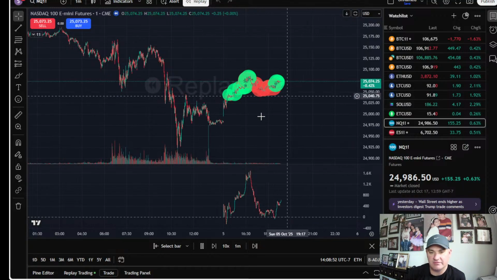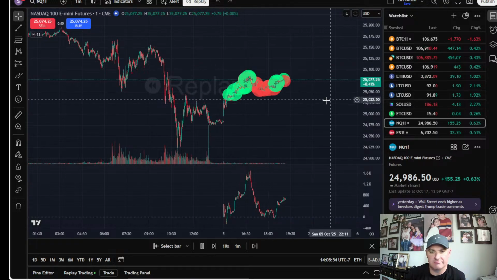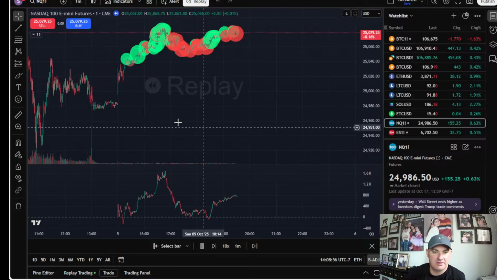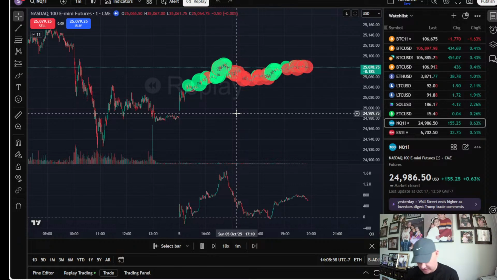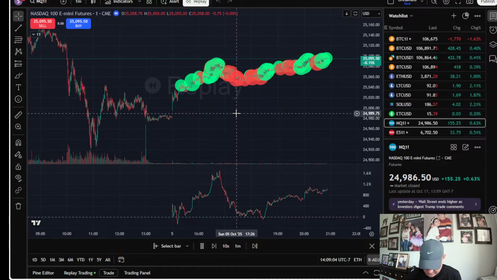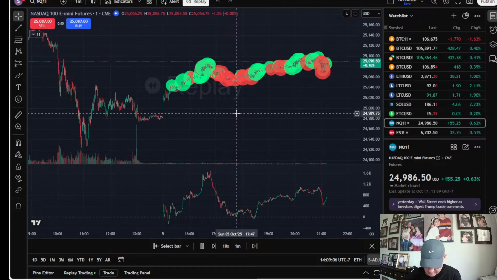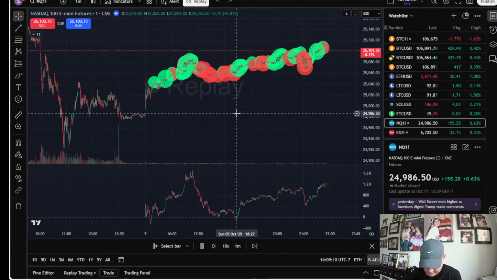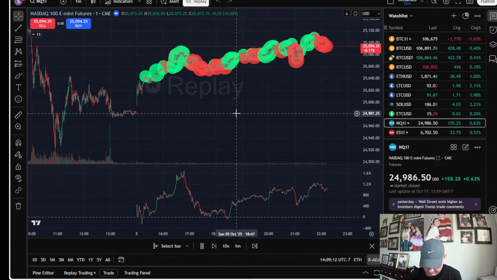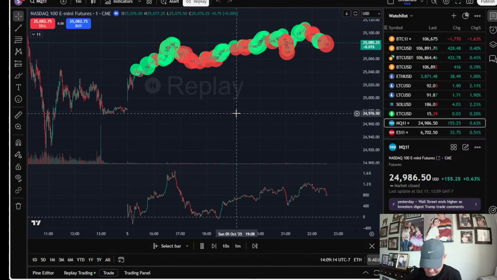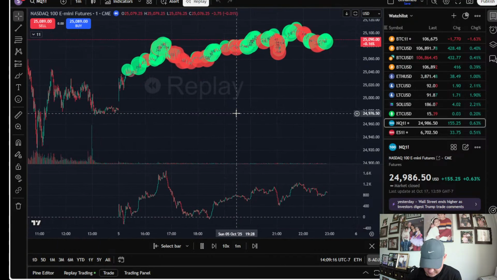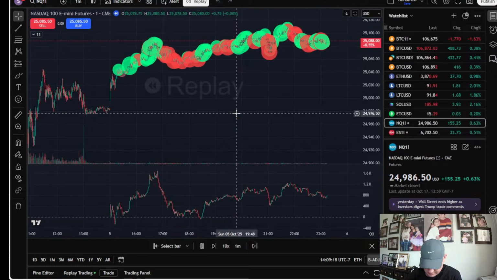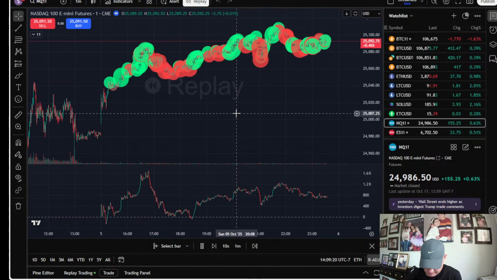I'm curious though if I give AI even a little bit better info. And you know what, I'm also going to tell it you can buy above current price.